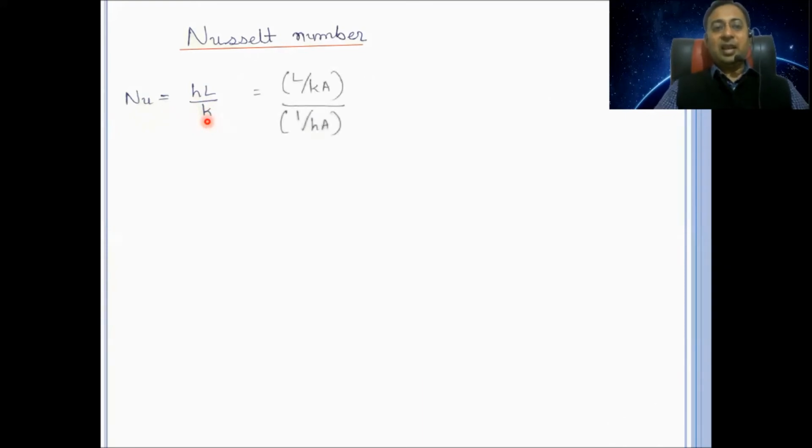So if we rearrange the term, we can write it as (L by K A) and (1 by H A). Now we know that L by K A is the thermal resistance to the conduction. And similarly, 1 by H A is the thermal resistance to the convection. So what is the significance?